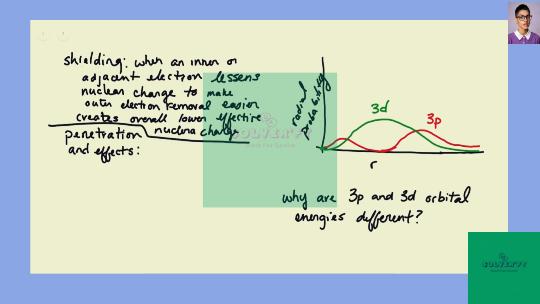So they're taking the larger hit, and so it's a lot easier to remove the electrons on the outside. They don't feel as much of that positive pull because of the electrons that are on the inside and between them, and because of some of the electrons that are adjacent to them as well.